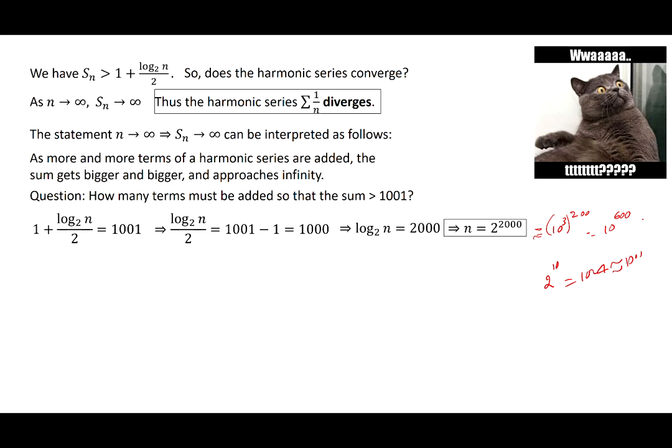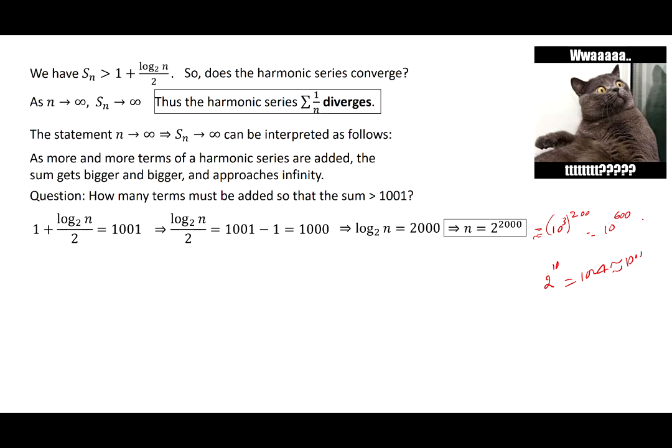That's it. Do you know how ridiculously big 10 to the 600 is? If you take all the particles in the universe, I'm not even talking about the grains of sand on a beach, that is nothing.